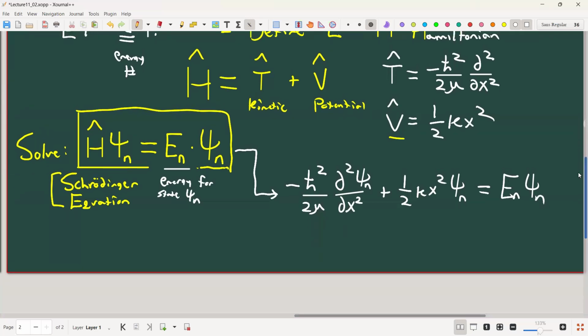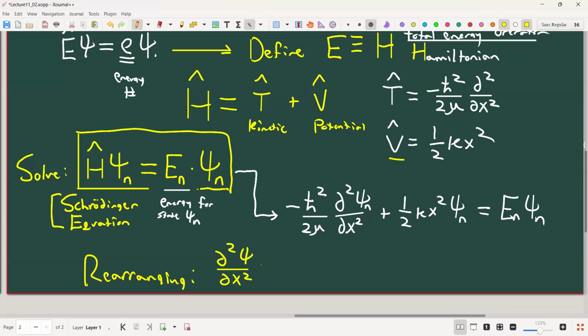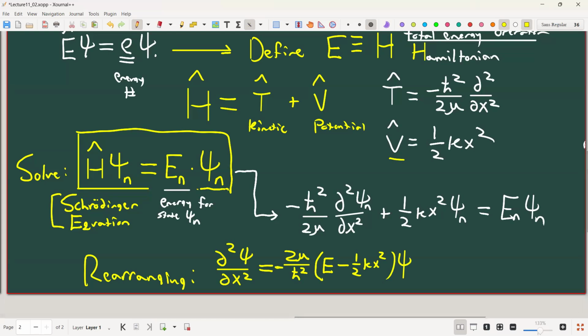So rearranging this, I have that the second derivative of the wave function with respect to position is equal to 2 mu over h bar squared times the energy of the state minus 1/2 k x squared, times the wave function.